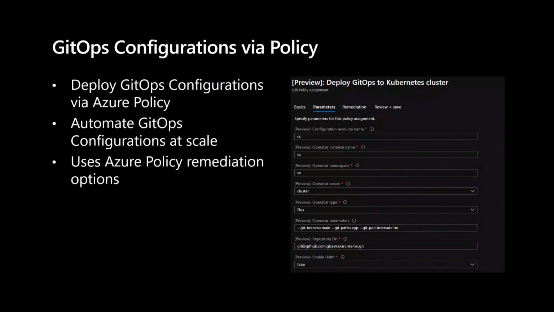But for example, GitOps configuration via policy, that's just this. You go to the Azure policy screen, you click on add new policy, you select the GitOps policy, and you fill out the parameters in the policy just the same as you would fill it out if you manually enable GitOps on your cluster.